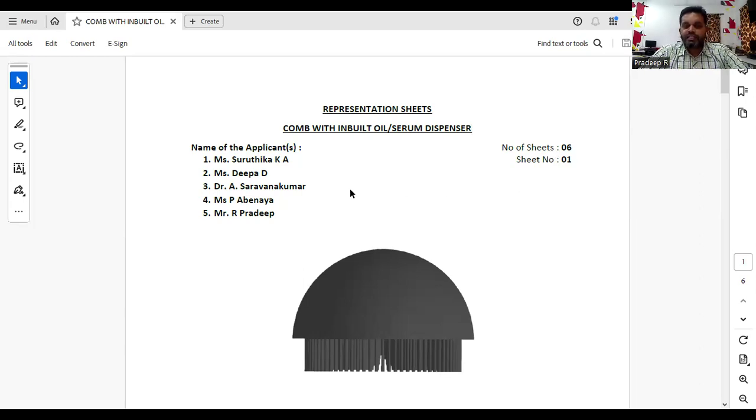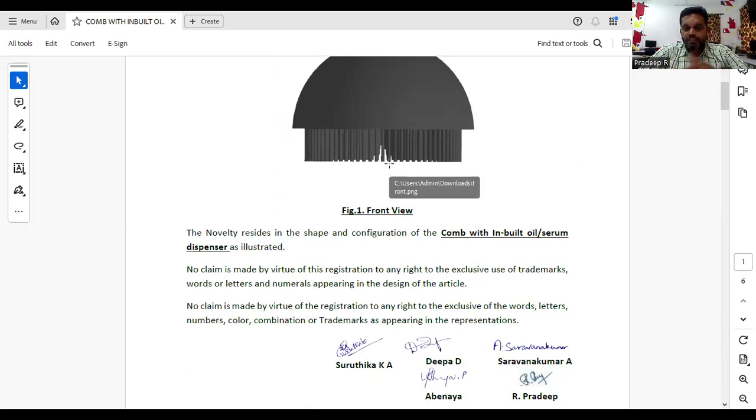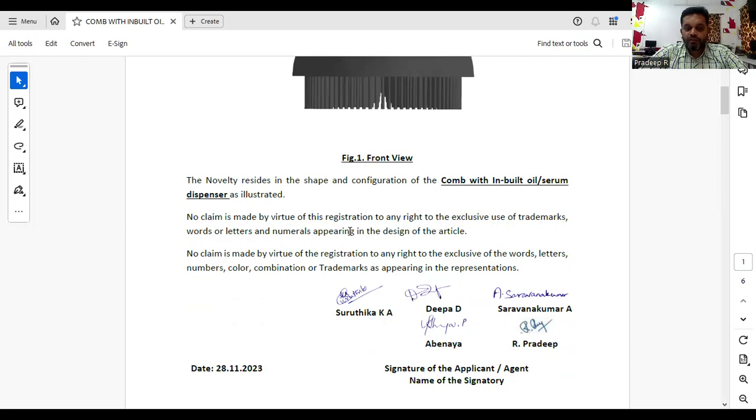So when we start writing the representation sheet, we have to keep the title as representation sheet. Then the title of the article, and the name of the applicant should always be in the top left corner, and the number of sheets, and the sheet number of each article, should be on the right side at the top. And in all the articles, below the views, it is mandatory to have the novelty statement.